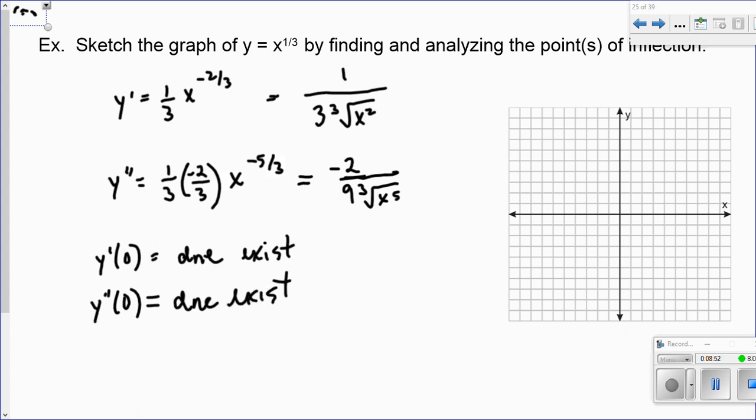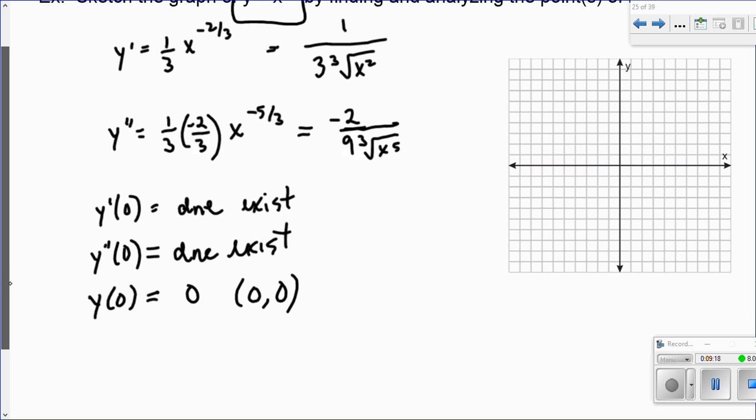But I do have a value when x is at 0. So there does exist this point, the origin, on my original function, but I don't have a slope of the tangent, and I certainly don't have this inflection point or turning point. I can't take the value of it here.